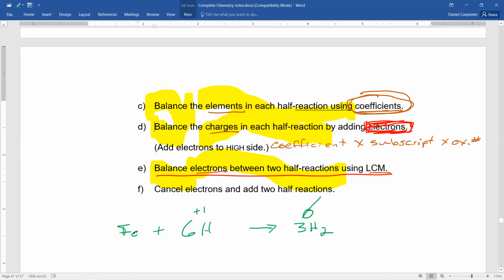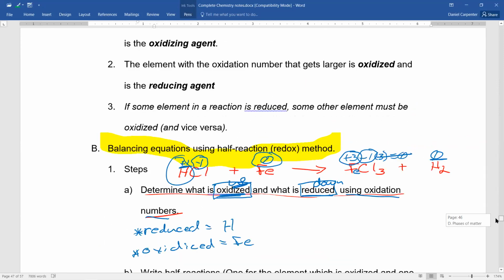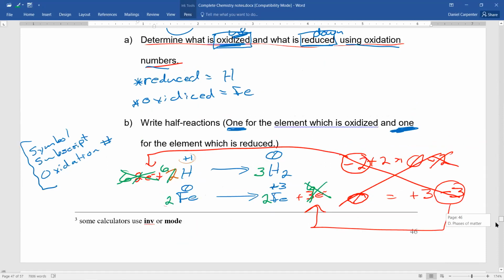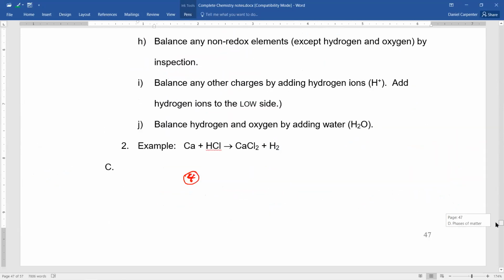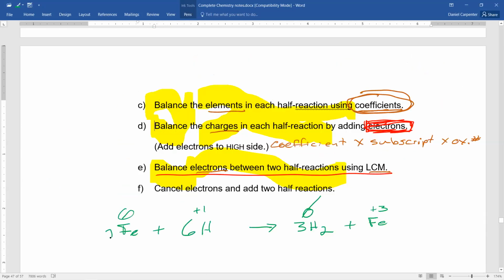Fe 0 and Fe +3. And what were my coefficients? 2 and 2.